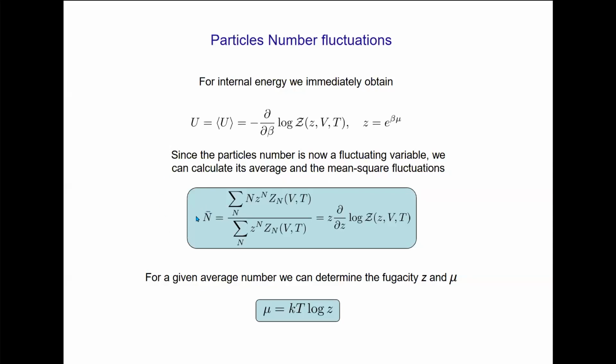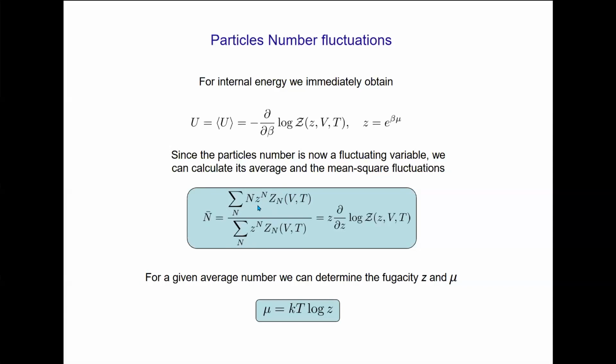So by definition, the average number of particles is, by the definition of the previous slide, the sum over all possible numbers of particles in the system. This is our observable, the number of particles. We multiply it by the relative probability of finding the system to have n particles, which is z to the n times the canonical partition function, and then we normalize.